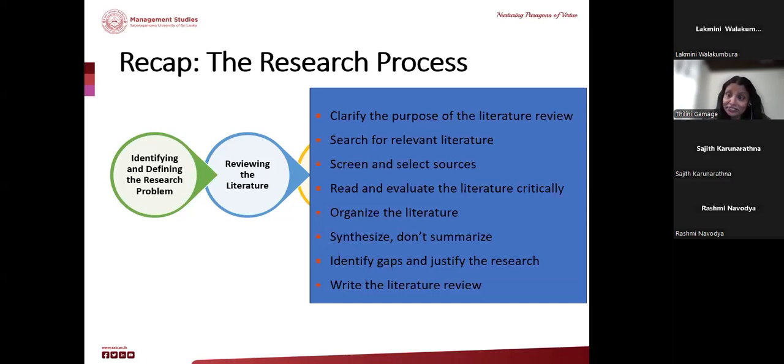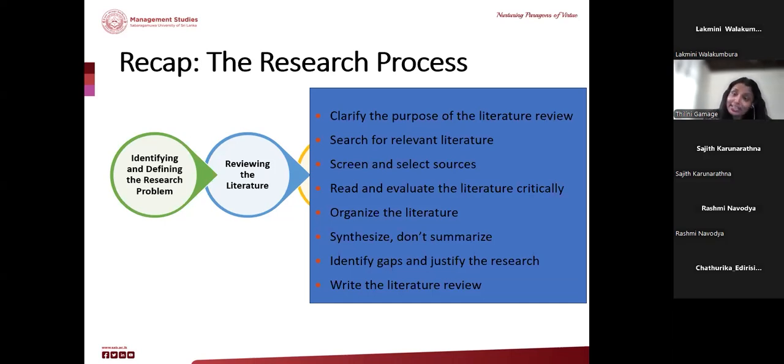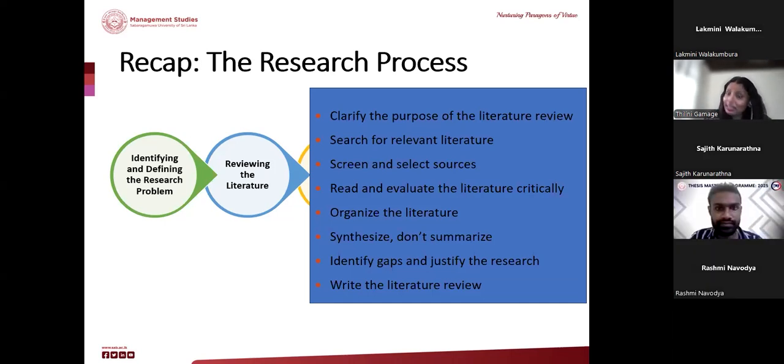Then you should read and evaluate the literature critically, organize the literature, and synthesize. Don't summarize. That's very important. You need to have a very strong and solid literature review in your study, and it definitely helps you when it comes to interpreting your findings and drawing conclusions as well.